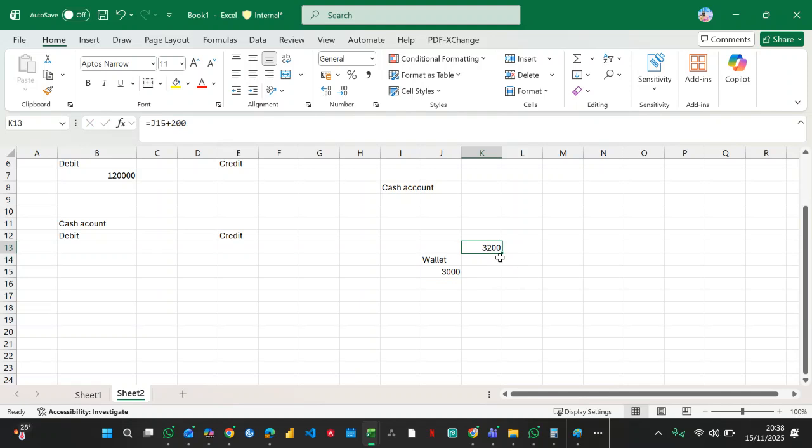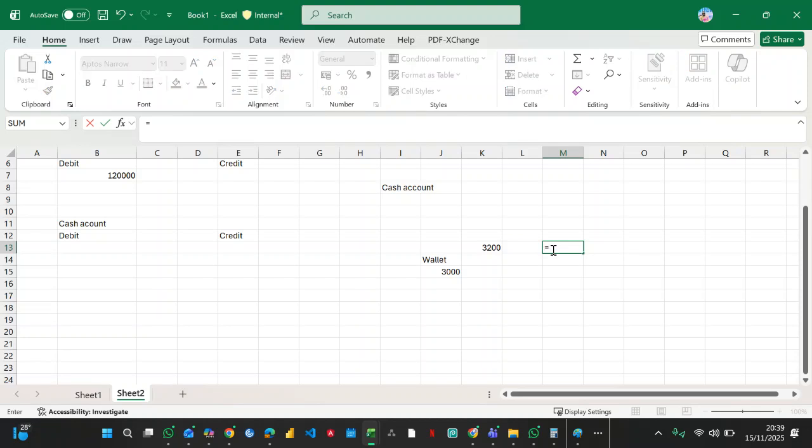Tomorrow I have to spend money, say I'm buying something for 400. My balance in my wallet is going to minus what I'm buying for, so my balance goes down.